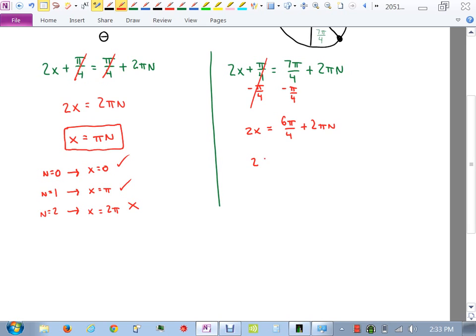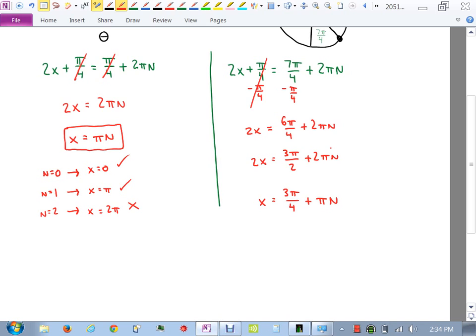I can reduce that fraction: 6 pi over 4 is the same as 3 pi over 2. And now divide everything by 2. So dividing 3 pi over 2 by 2 becomes 3 pi over 4, and dividing 2 pi n by 2, the 2's cancel, you just get pi n.